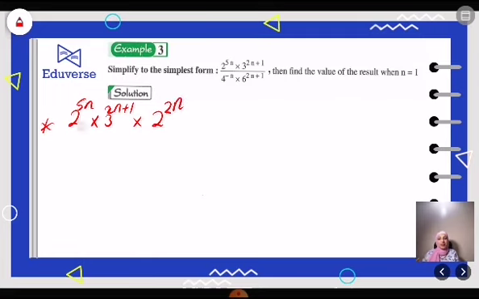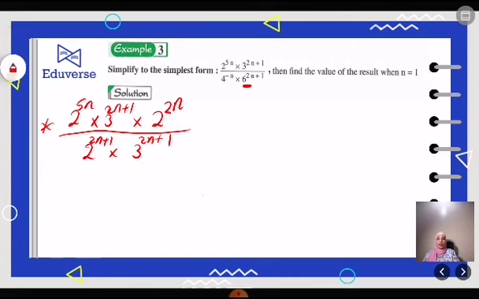We make it up over 6. 6 is a number that can't be written as a number raised to a power. But I can make this 6 to be a multiplication of two numbers, for example, 2 multiply 3. They are raised to the power 2n plus 1. So I will distribute the power for each one of them. 2n plus 1, 2n plus 1. Will it help me here?